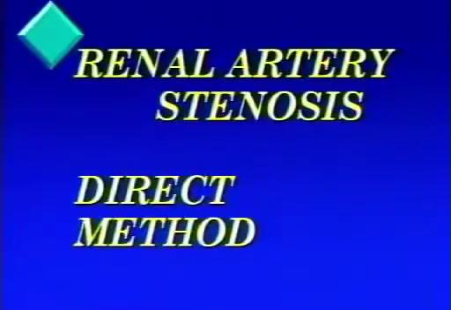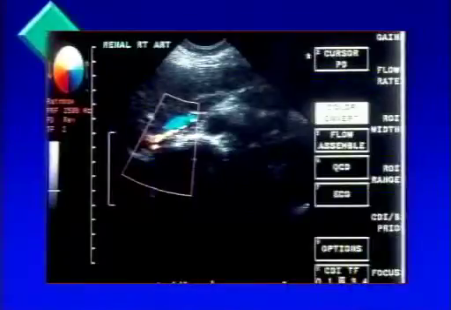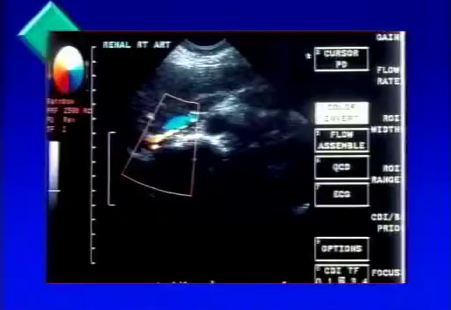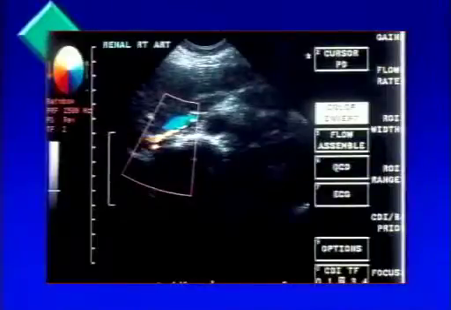The direct method of evaluating renal artery stenosis is where we look directly at the main renal artery from its origin all the way to the hilum of the kidney. Now, this particular examination would require most of your evaluation being performed with the patient in a supine position in a transverse scan plane.